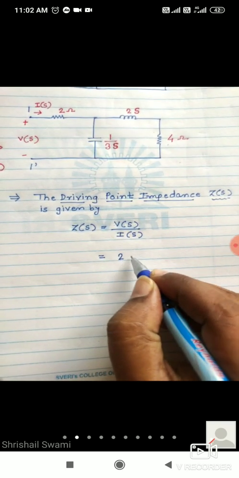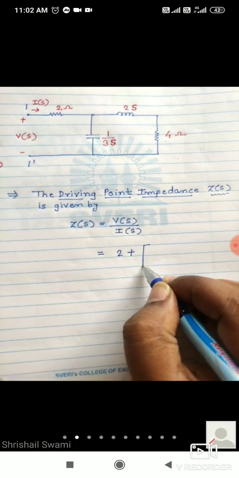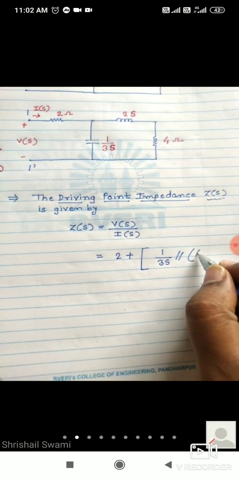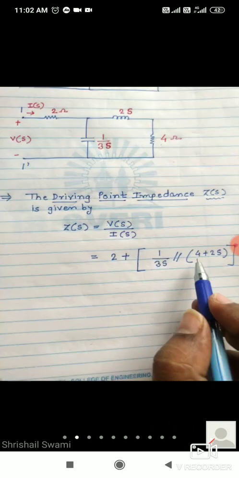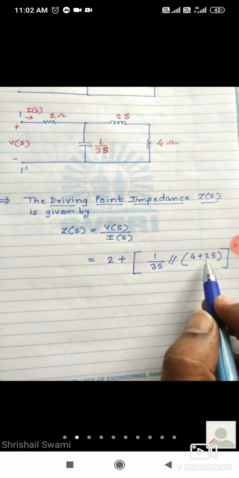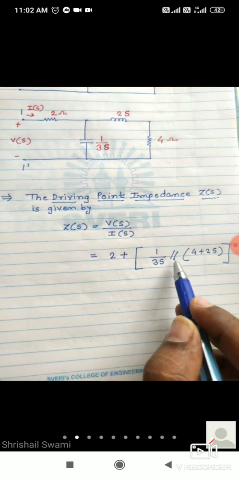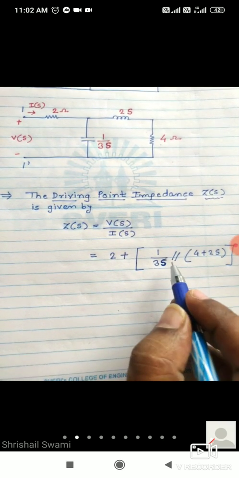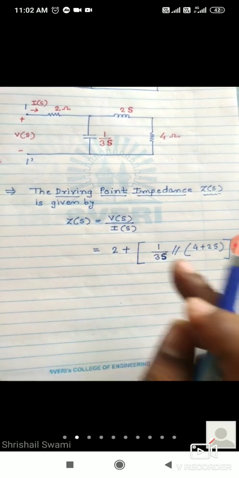So I will write 2 plus, in bracket, 1 upon 3s is in parallel with 4 plus 2s. So 4 plus 2s, because of series combination, that combination is in parallel with 1 upon 3s. Okay. And that total is in series with 2.